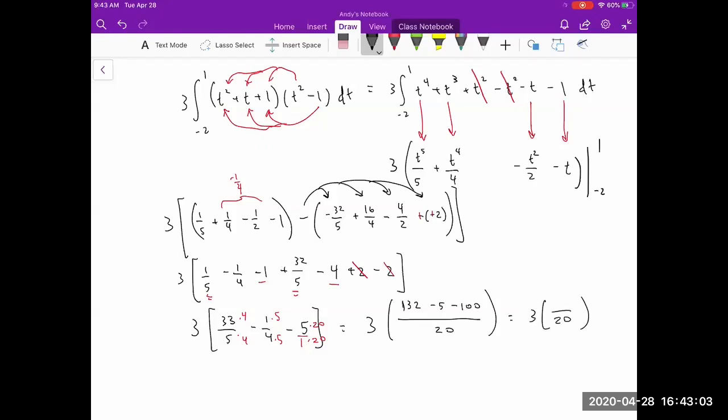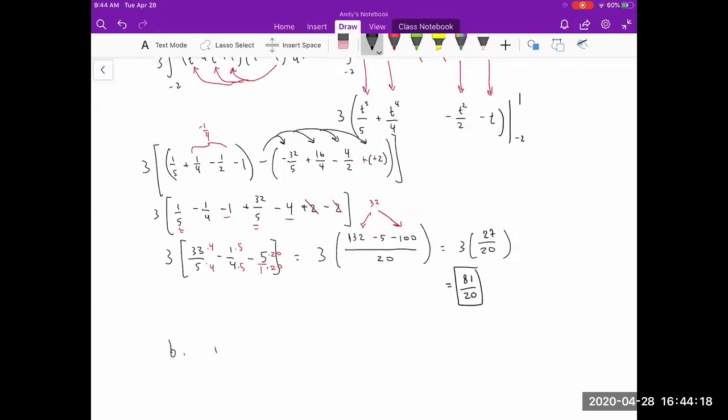All right, so the beauty here is that the large numbers actually subtract quite nicely. 132 minus 100 is 32, and then 32 minus 5 is just 27. And since 27 times 3 is 81, I'm getting 81 over 20 as the answer here.